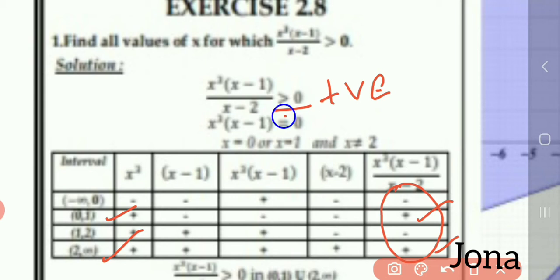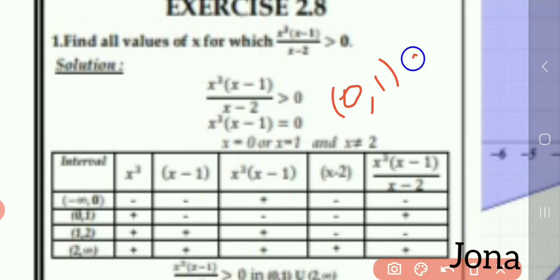And here I got only the greater than symbol, there is no greater than or equal to, so I must use the open interval only. So I want to take the answer as 0 comma 1 and 2 comma infinity. The union of these two is the solution. So the solution for x is the interval 0 comma 1 union 2 comma infinity.